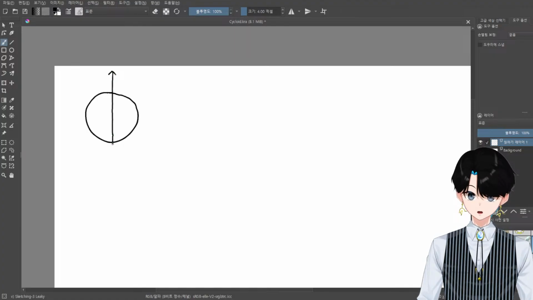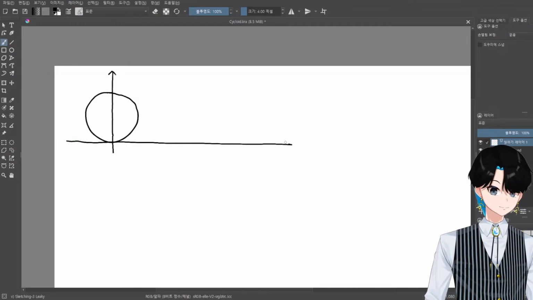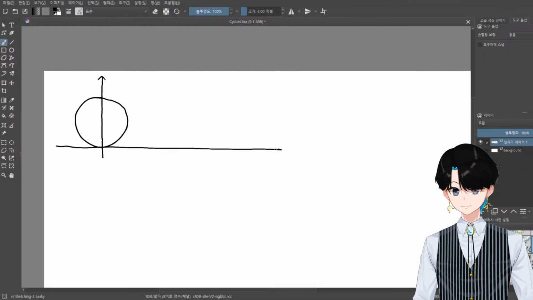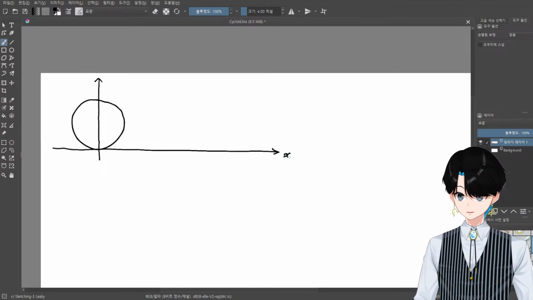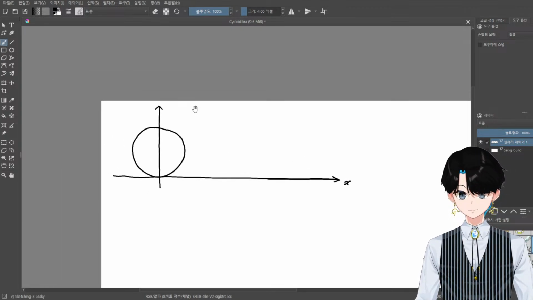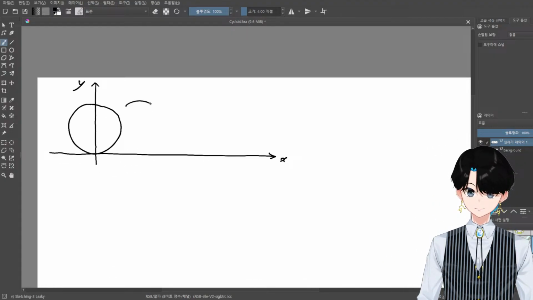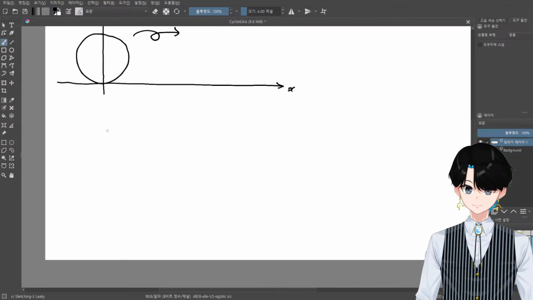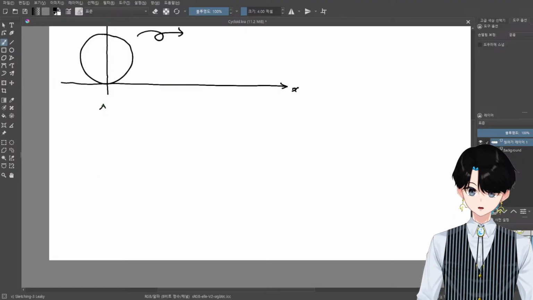And now there will be no problem watching today's live stream. No rulers used. This will rotate on the x-axis.